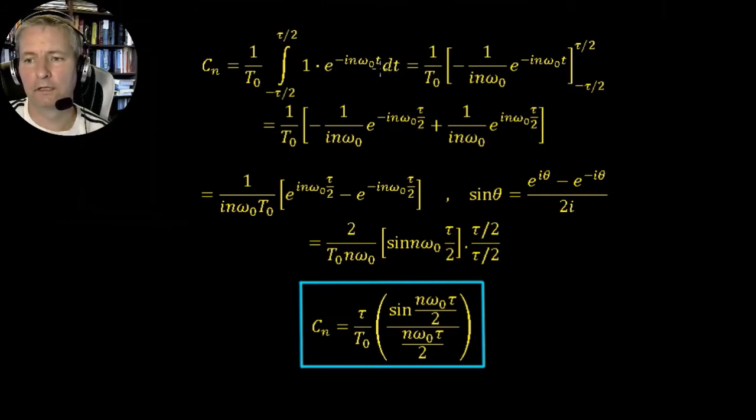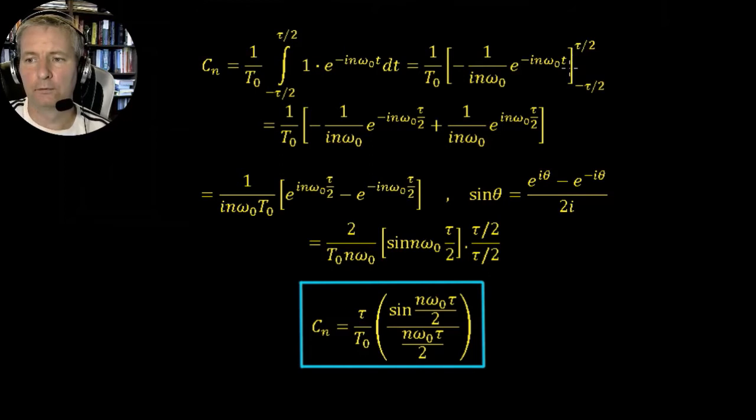Whenever we integrate that, we're simply taking the minus i n omega naught down to the bottom line, so it becomes minus 1 upon i n omega naught, e to the minus i n omega naught t, evaluated from minus τ upon 2 to τ upon 2.